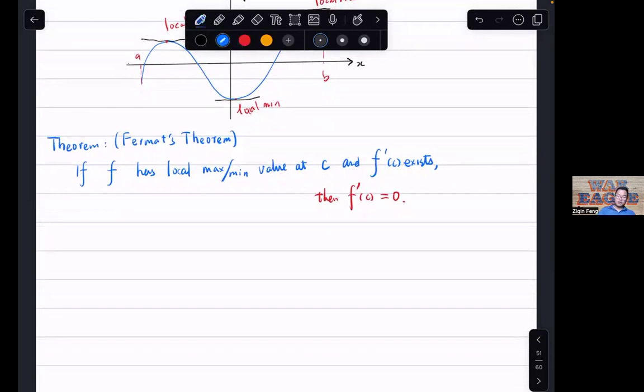So let's write down a definition here, motivated by this result. Definition.